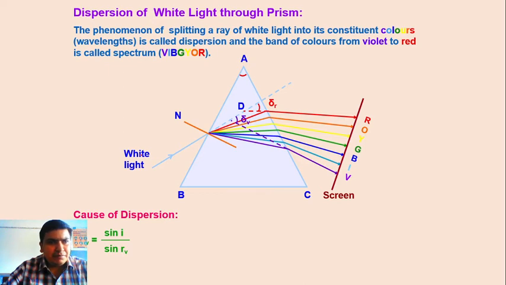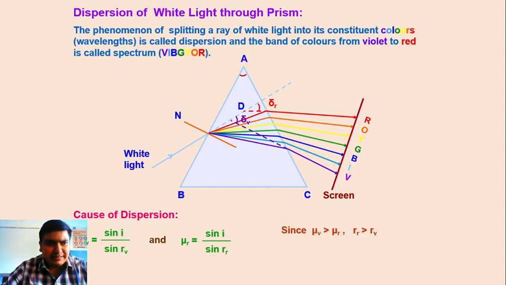Similarly, if we consider mu v for violet, then mu v equals sin I by sin rv, and mu r equals sin I by sin rr, where r stands for red color. As you see, the angle of refraction for different colors is different, and that is why different refractive indices are offered by the prism material to white light, and that is why dispersion occurs.